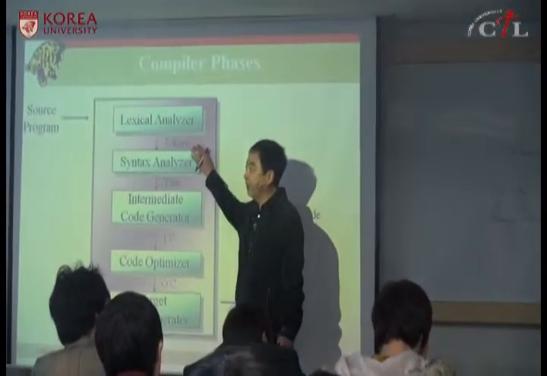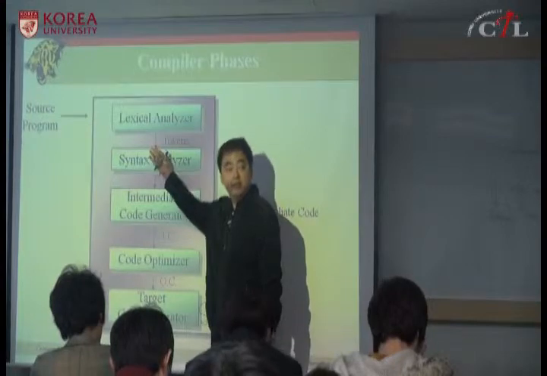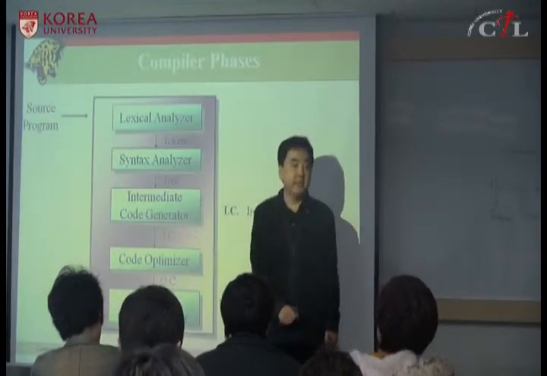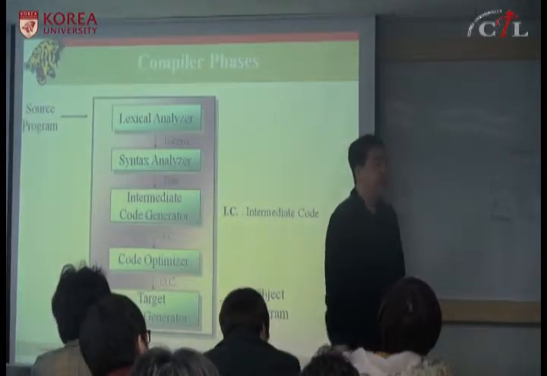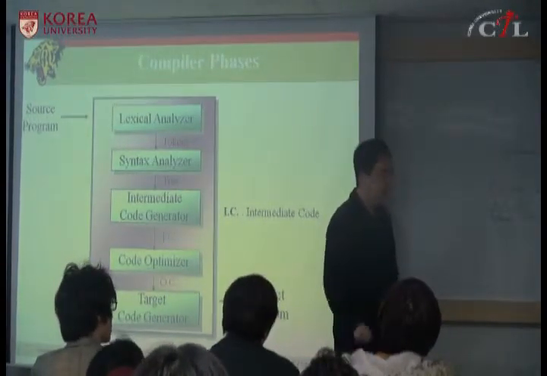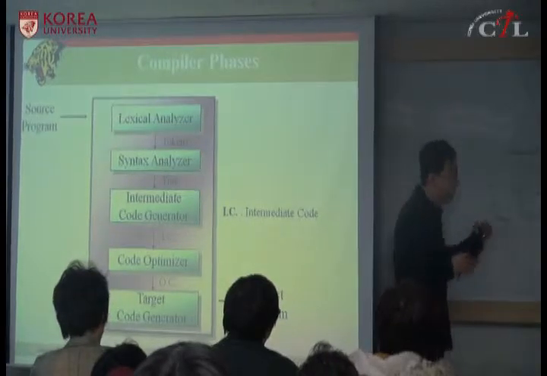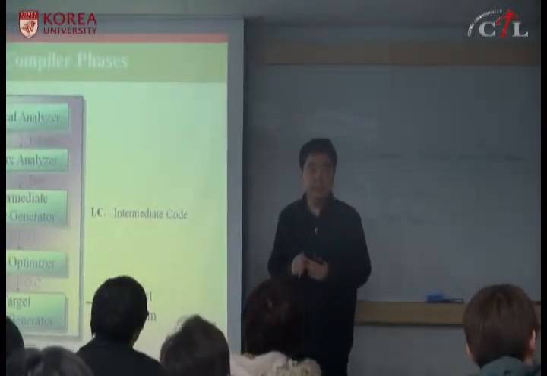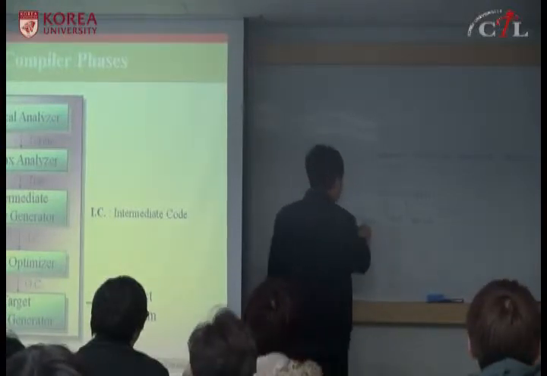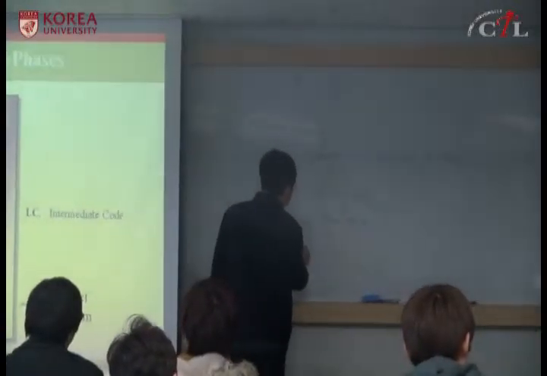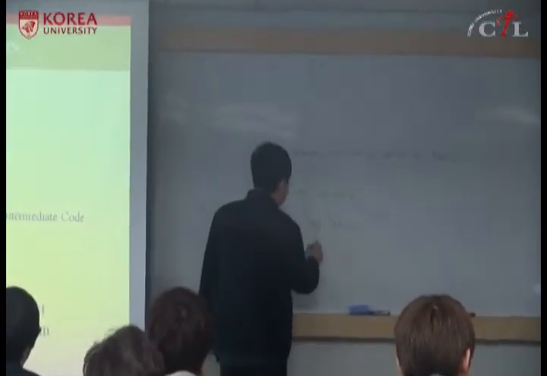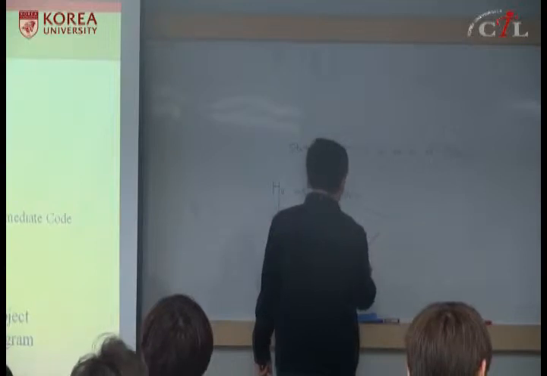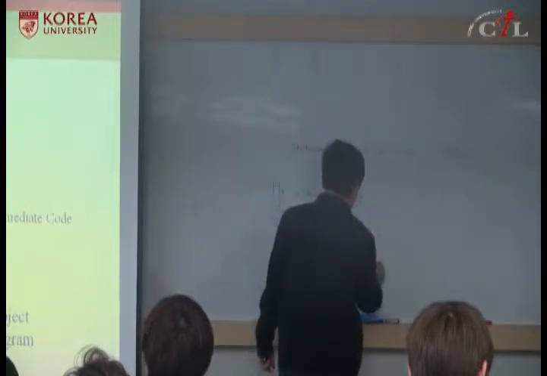After this lexical analysis, it generates a sequence of tokens, and then from the tokens, the syntax analysis phase tries to find out whether this is a valid sentence. To do that, they build a tree. So the pronoun becomes the subject, the verb becomes the verb, and the article and noun become the object.